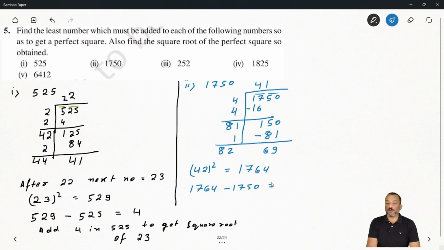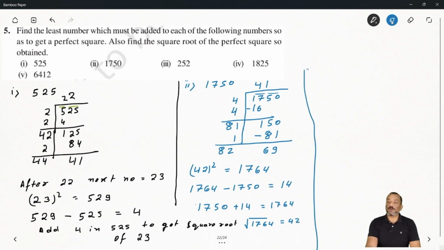So you will get 1764, and the square root of 1764 you will get 42. Okay, so that is the way we can solve.